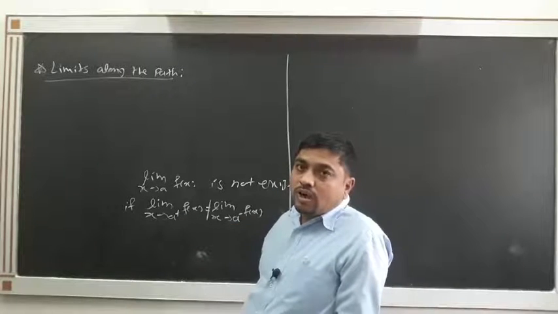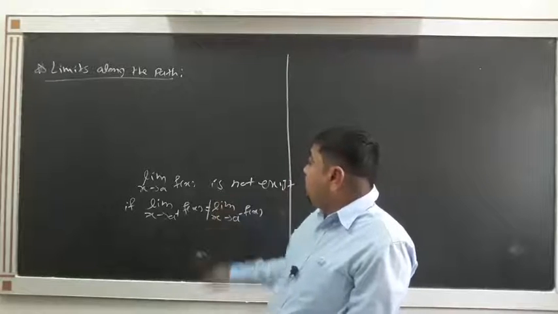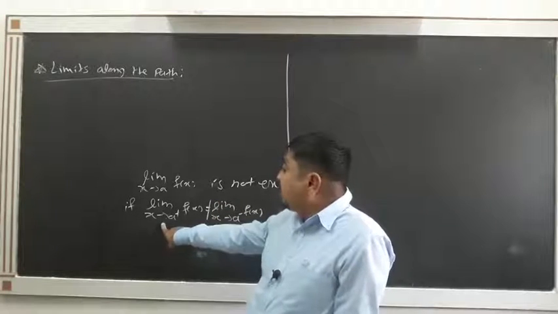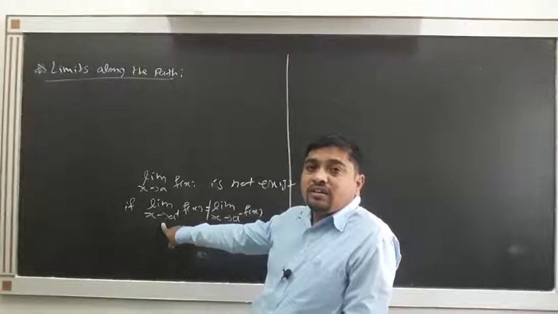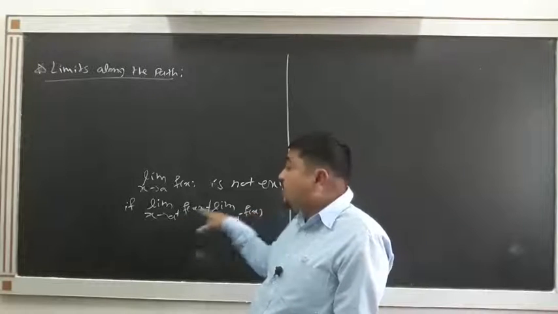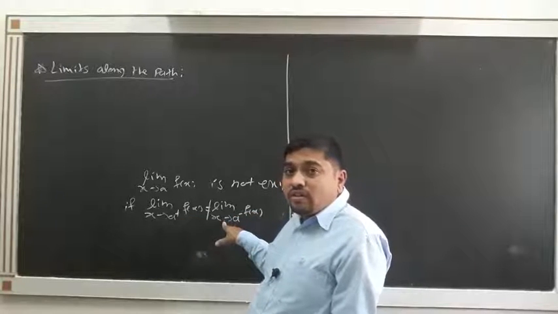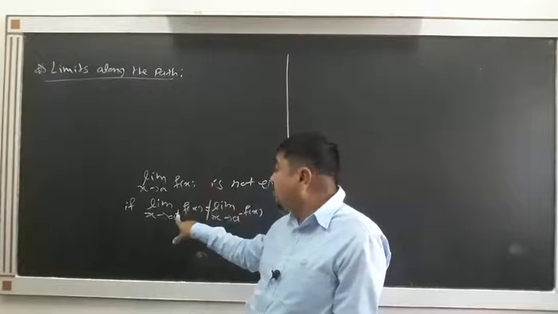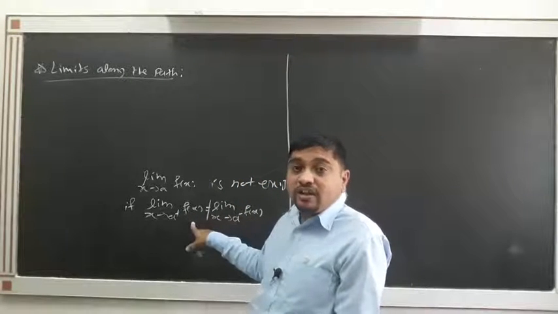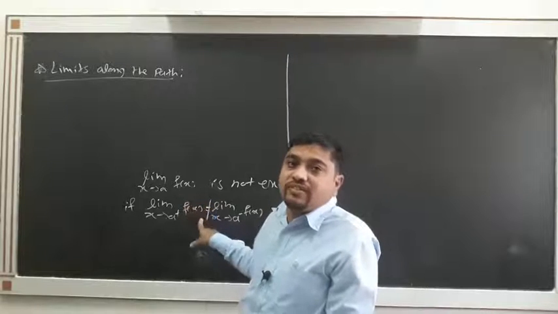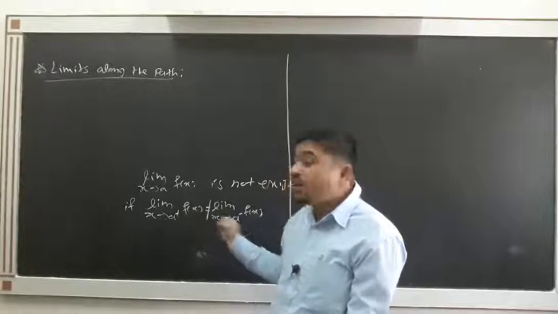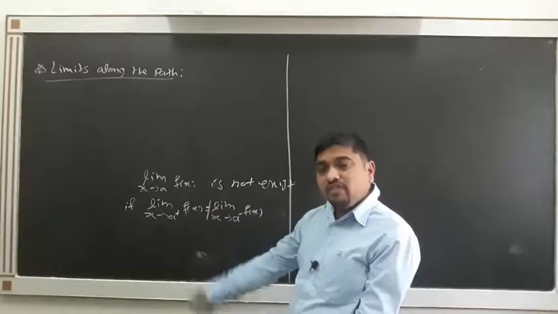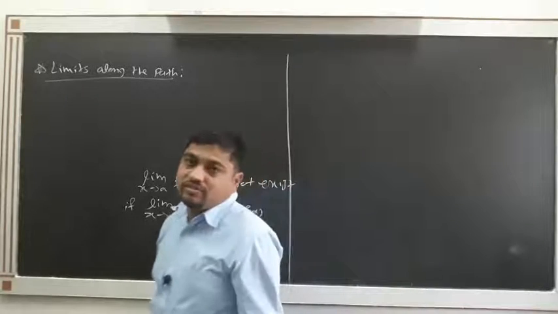So how many cases is the limit of f of x not existing? If both limits exist and are equal, then the limit exists. But if they exist and are not equal, then the limit of f of x does not exist. If either one of them does not exist, then also the limit does not exist.